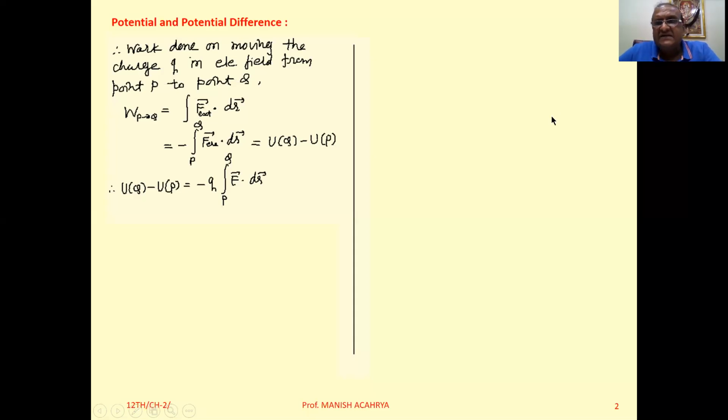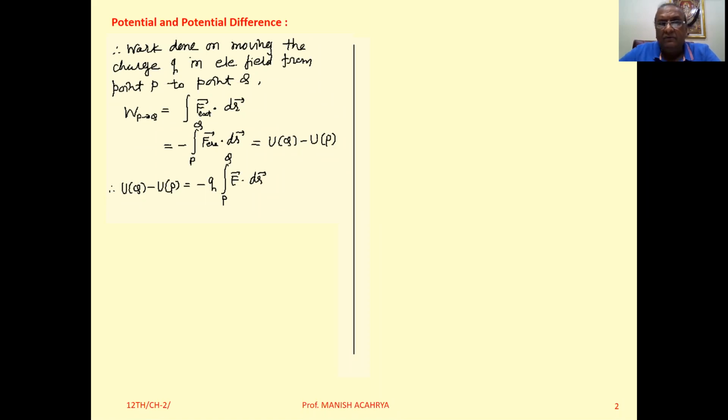See, as discussed in the previous theory, we can write the work done on moving charge small q in the given electric field from any point P to any point Q as W P to Q, equal to the integration of F external dot dr. F external is the force which we have to apply to do the work.